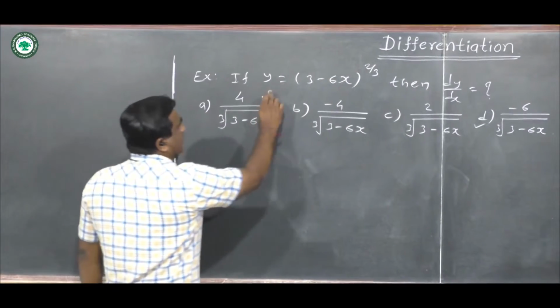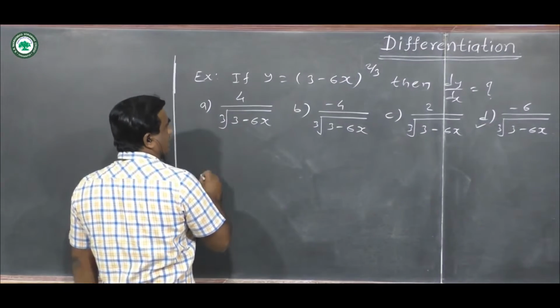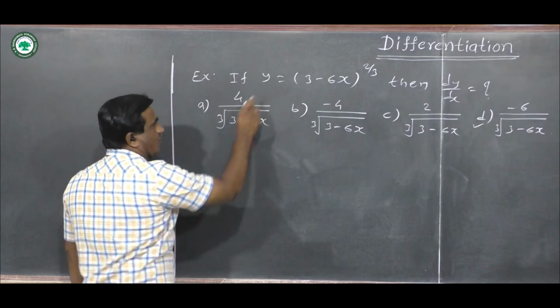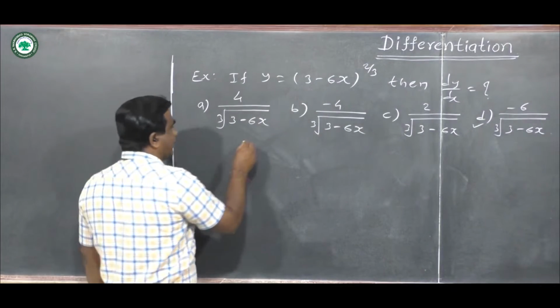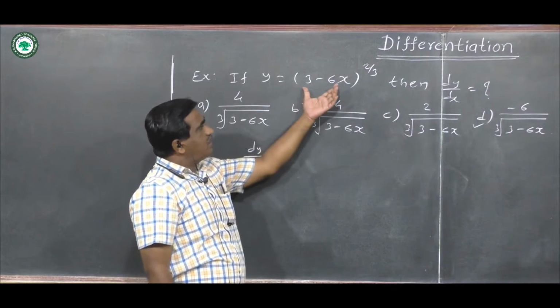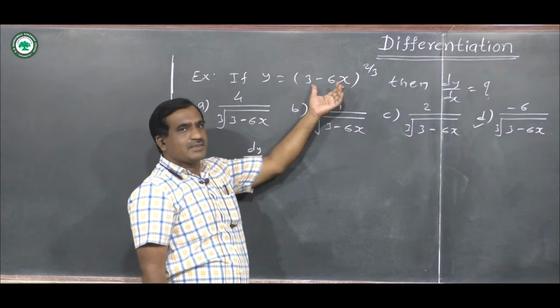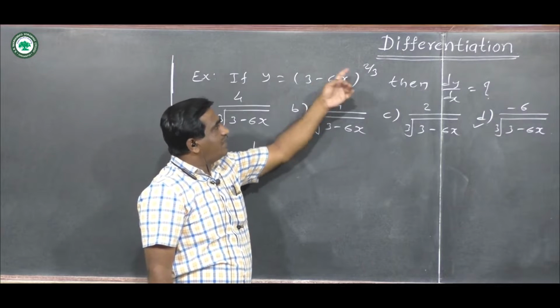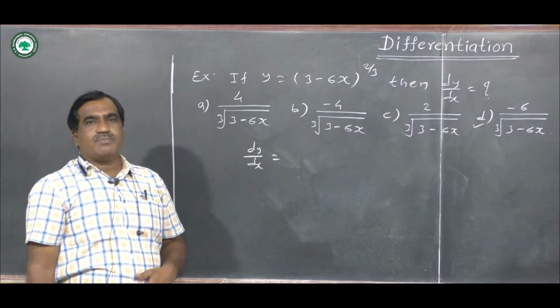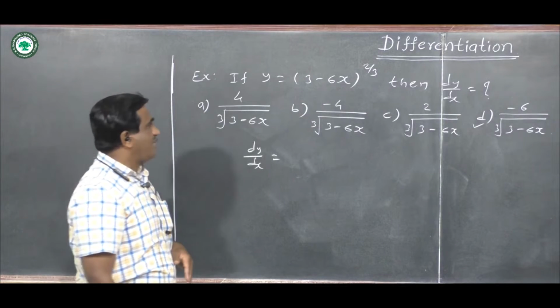Now we have to find derivative for this composite function. Differentiate this equation with respect to x. Derivative of y is dy by dx, and this is composite function. Suppose this 3 minus 6x as f of x, we get f of x raised to n. Derivative of f of x raised to n is n into f of x raised to n minus 1 into f dash of x.